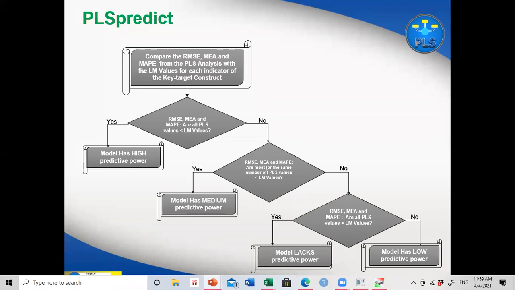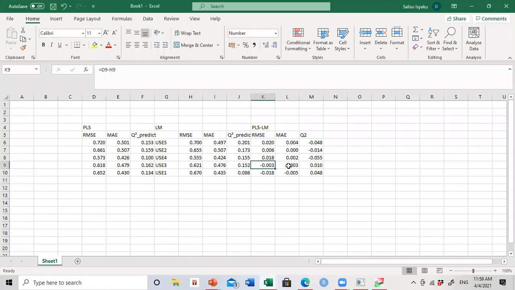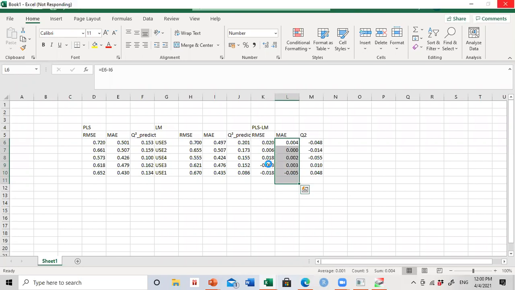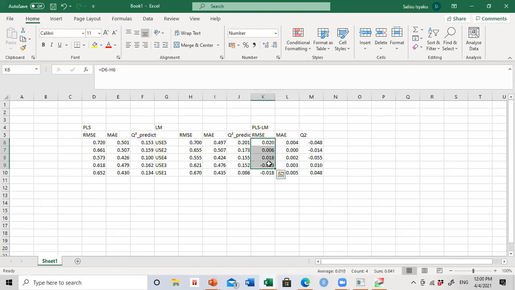But in case none of them, for example all of them here are positive, what do we conclude? Then we conclude that our model doesn't have predictive power at all. It's only when all of them are negative, when we subtract, that we have high predictive power.